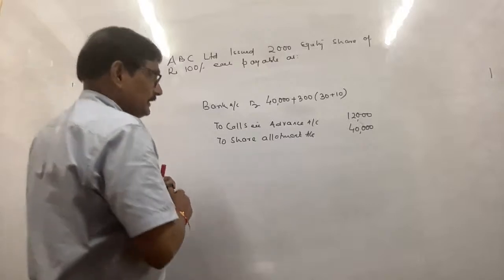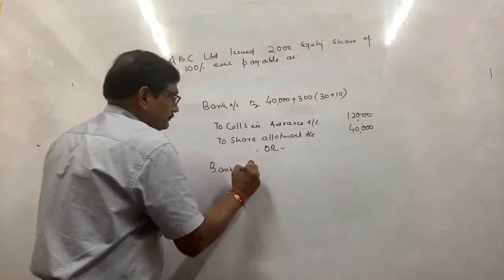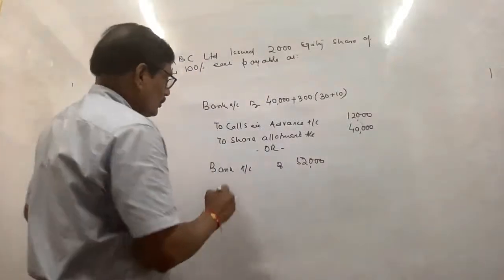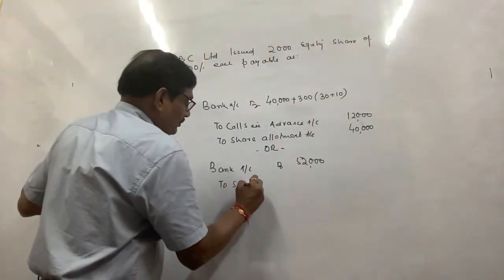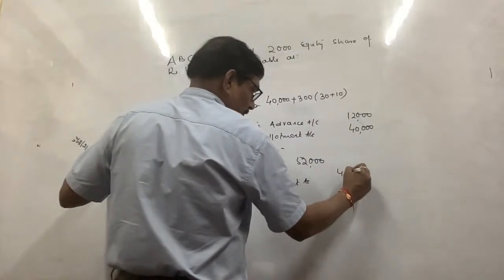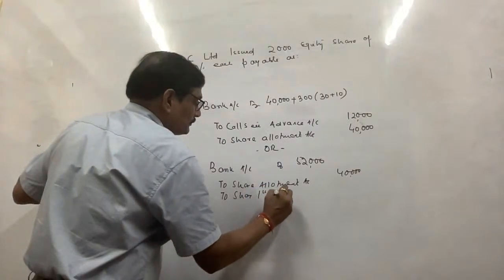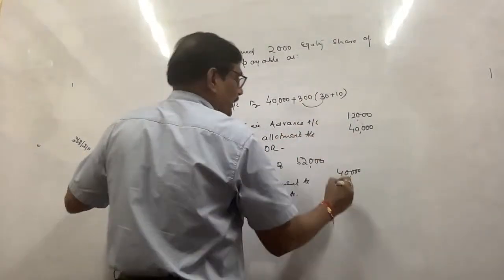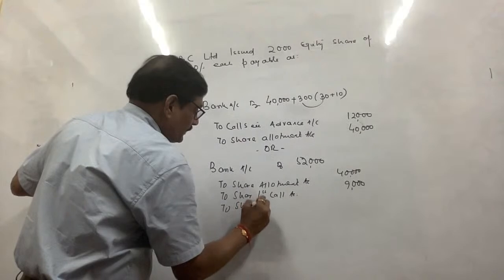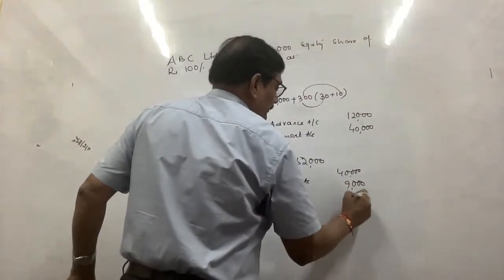At that time, the entry will be bank account debited 52,000 to share allotment account 40,000, to share first call account, that is 300 into 30, 9,000, to share second call account, 300 into 10.